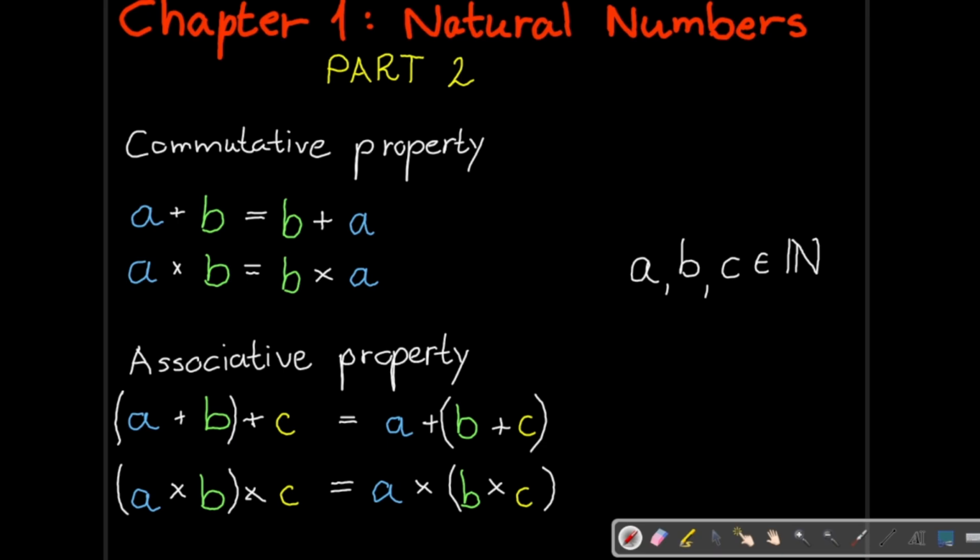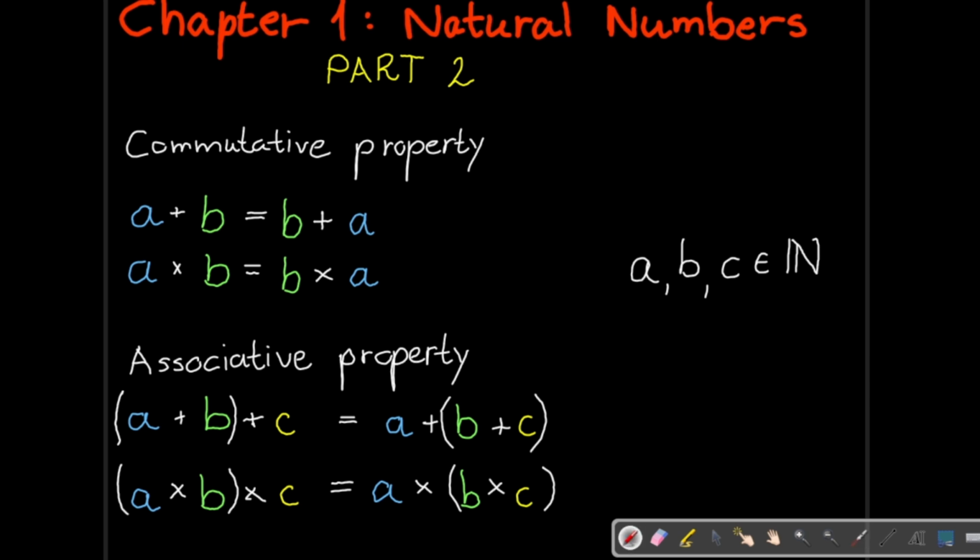This sign right here means that A, B, C are the element of the set of the natural numbers. So the element of natural numbers A, B, and C.